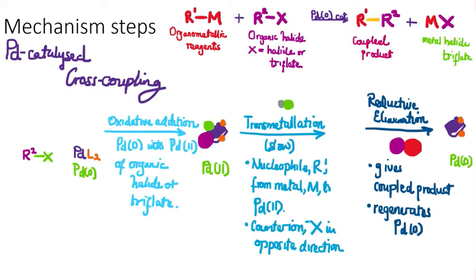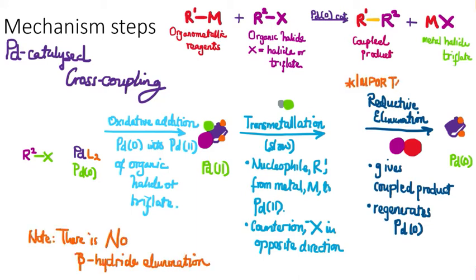But here we have a transmetallation occurring that leads to the formation of our product. Take note that this is important in terms of reductive elimination, because that step needs to be a fast process. Otherwise, this will lead to the formation of a beta hydride elimination. So our reductive elimination step is crucial in this particular process.